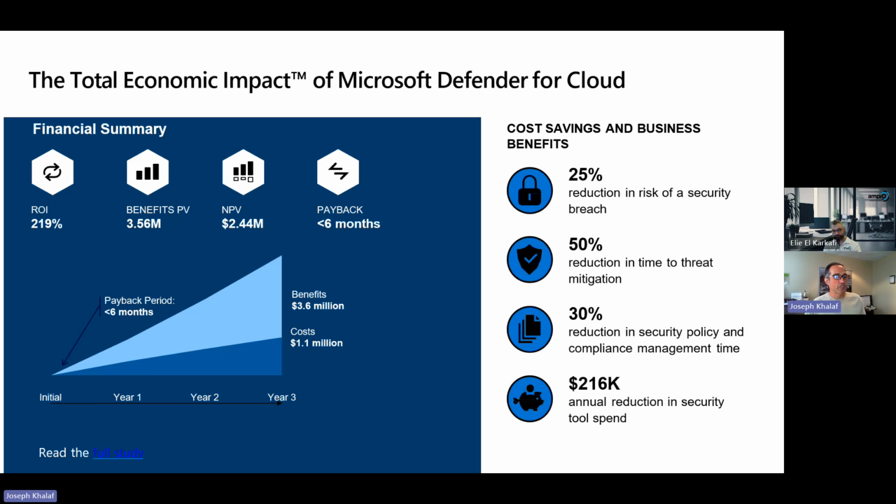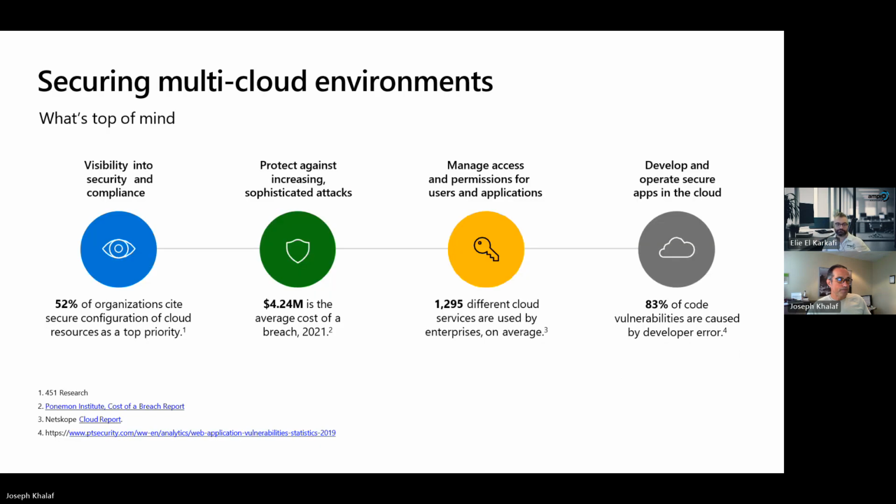These are just numbers, and you could read the full study. We'll share this slide deck later. But these are numbers that showcase the return on your investment, what you're preventing from happening when you invest in security in Defender.